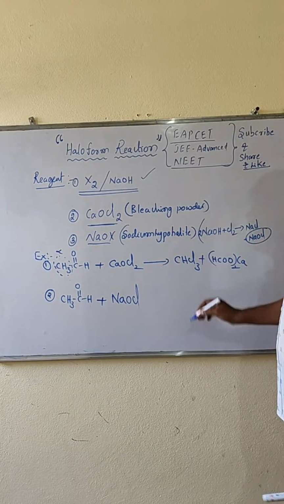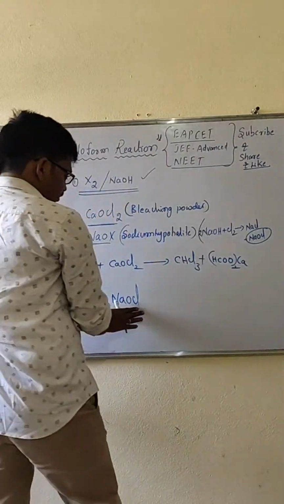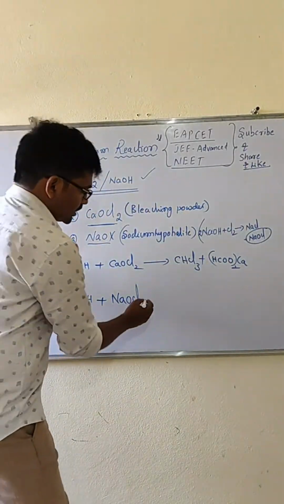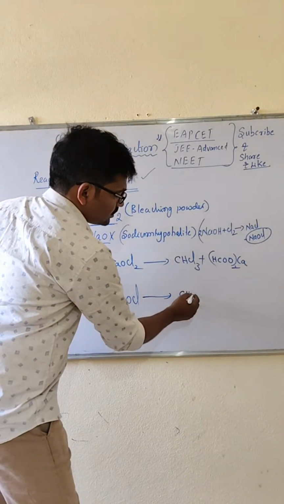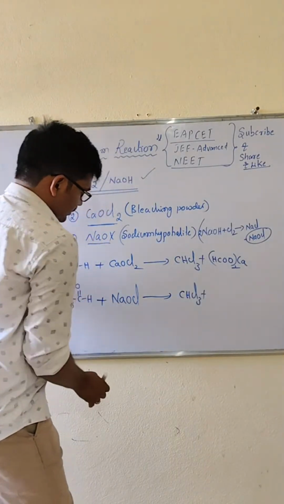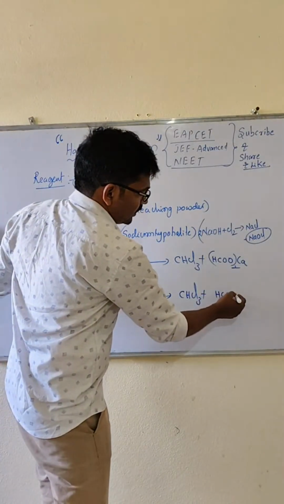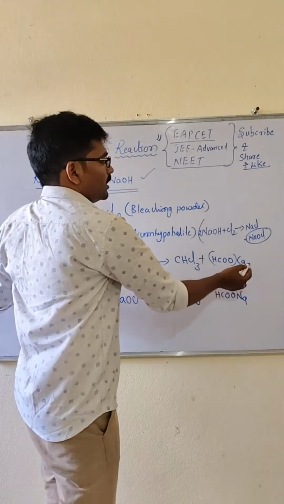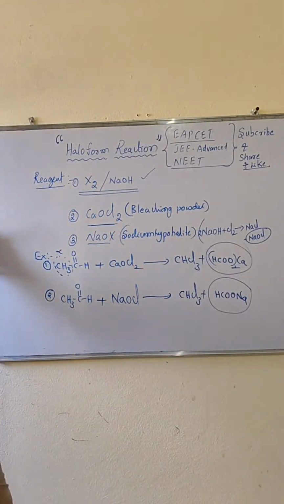This is what we call sodium hypohalite, here sodium hypochlorite. When it is treated with this, CHCl3 is formed, plus the carbonyl part is converted into HCOONa. So here the calcium salt of the carboxylic acid is formed, and here the sodium salt of the carboxylic acid is formed.